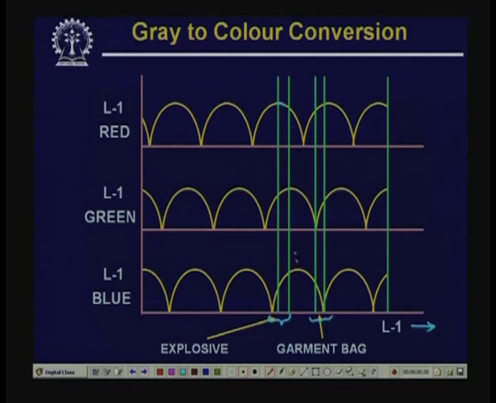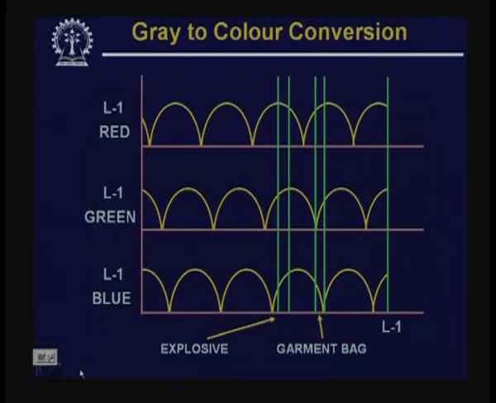So, this will not appear as red as an explosive. So, different bands of intensity values are specified to identify different types of items, and by using this kind of transformation we can distinguish between different objects which are there in the baggage.